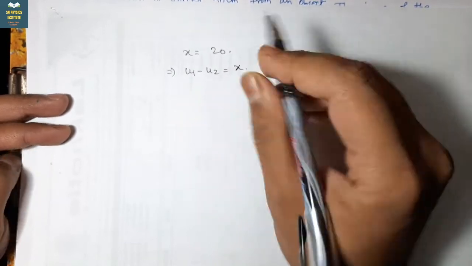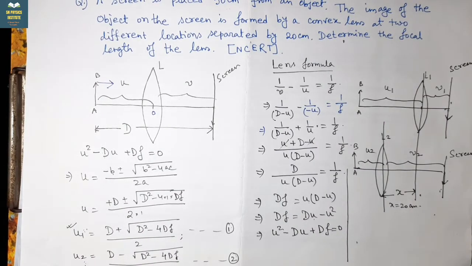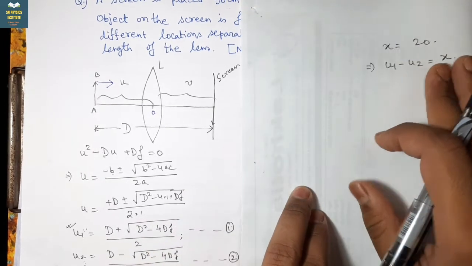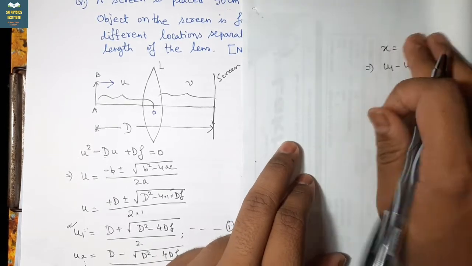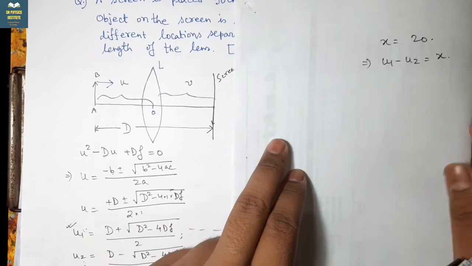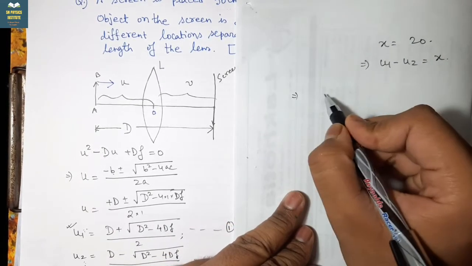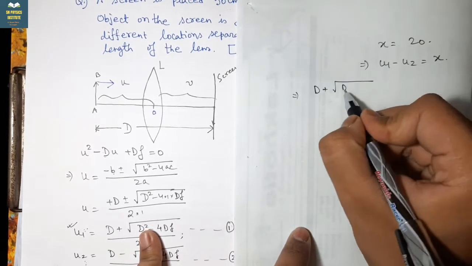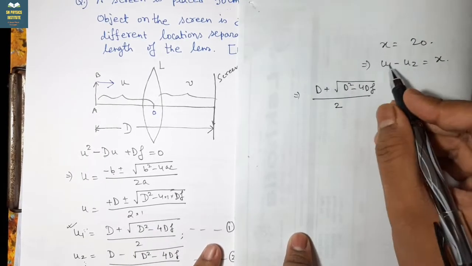Now I am substituting the value of u1 and u2. u1 is equal to d plus root under d square minus 4df, divided by 2. This is the value of u1.